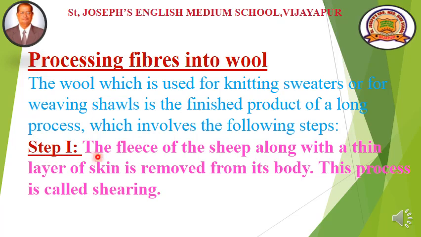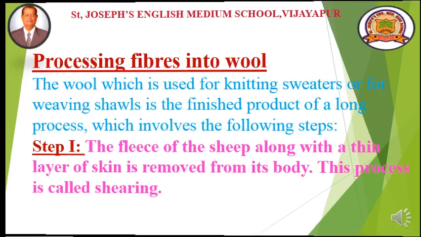The first step is that the fleece of the sheep, along with a thin layer of skin, is removed from its body. This process is called shearing. Shearing means the fleece, the hair of the animal, along with a layer of skin is removed from its body.